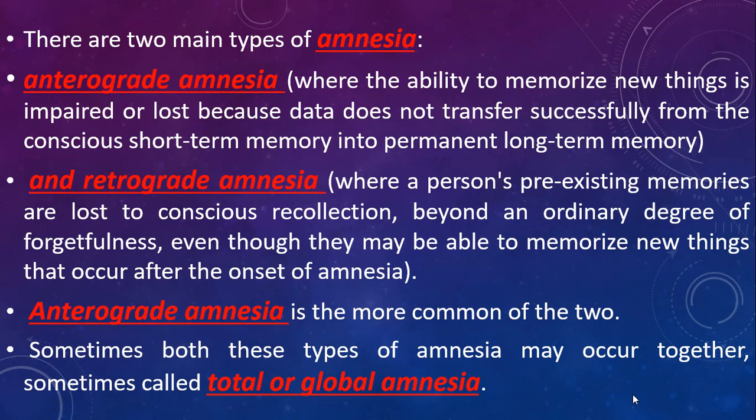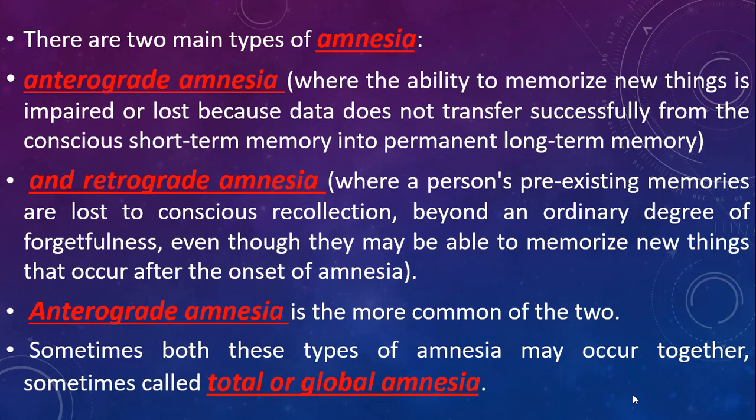There are two main types of amnesia: anterograde amnesia and retrograde amnesia. Anterograde amnesia, where the ability to memorize new things is impaired or lost because data doesn't transfer successfully from conscious short-term memory into permanent long-term memory.